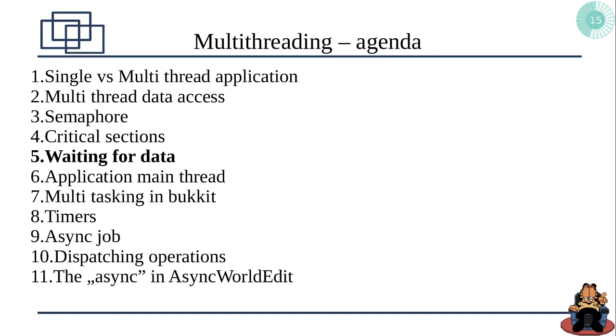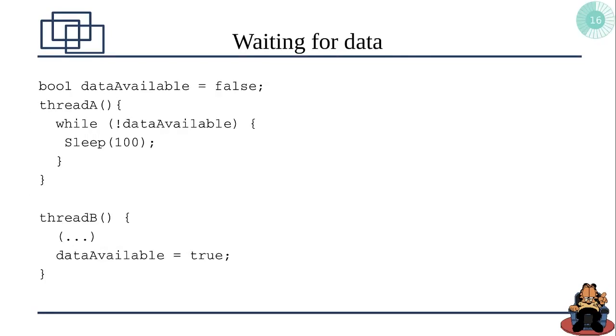Okay. Now waiting for data. What does this mean? Well, sometimes if you have multiple threads, in one thread you need to wait for a second thread to finish processing or calculating some complicated data, or simply you are waiting for user I/O in the game logic. So how to do this?